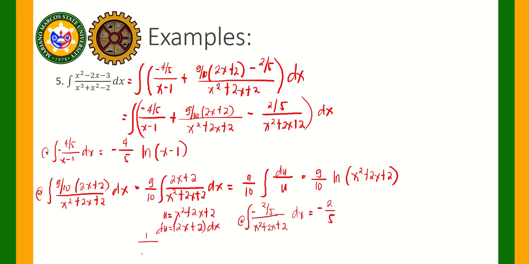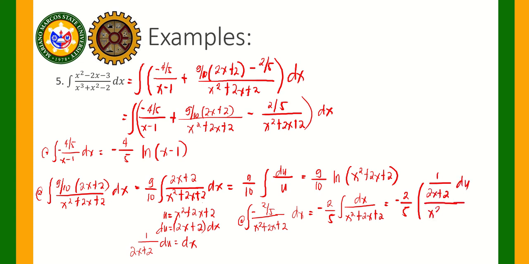So, our 1 over 2x plus 2 du is equal to dx. So, we can use that. So, this is negative 2 over 5. What is our dx? That is 1 over 2x plus 2 du all over x squared plus 2x plus 2. This should be u pala, kasi nag-u substitution na tayo.